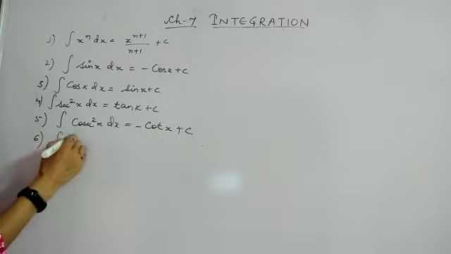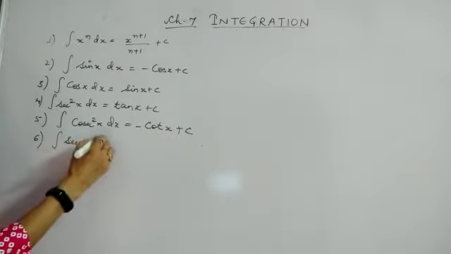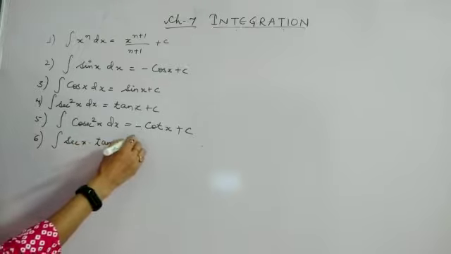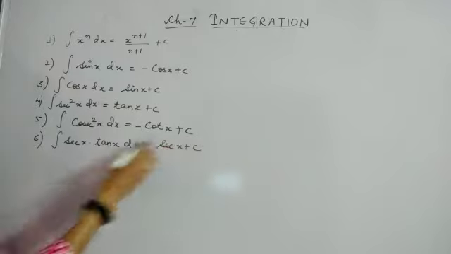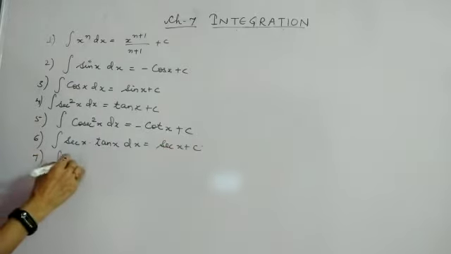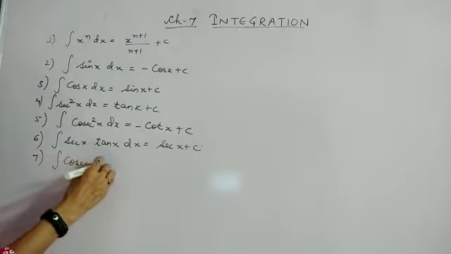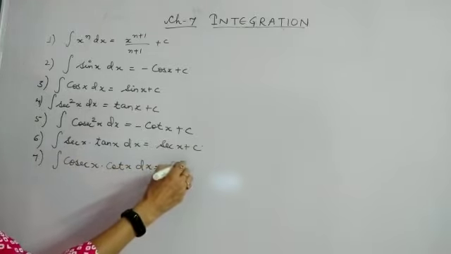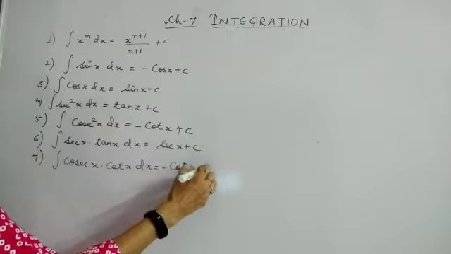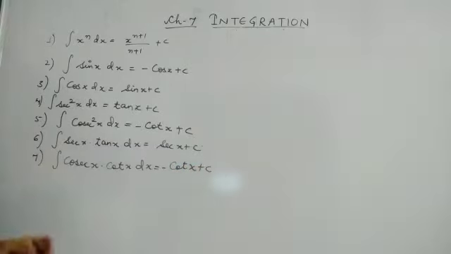For sec x into tan x, it will just be sec x plus c. For integration of cosec x into cot x, it will be minus cosec x plus c. Now children, I am stopping here.